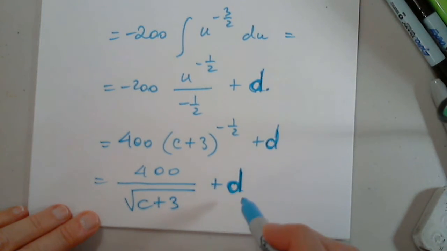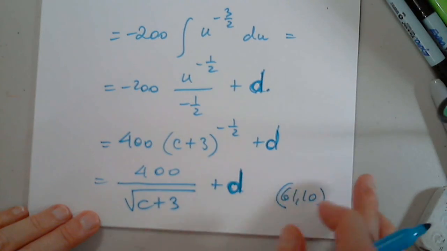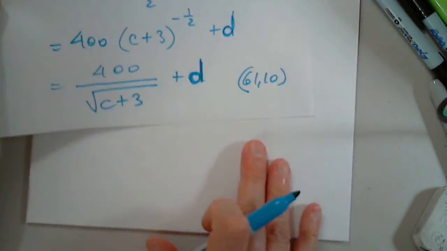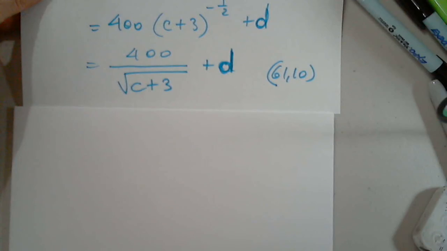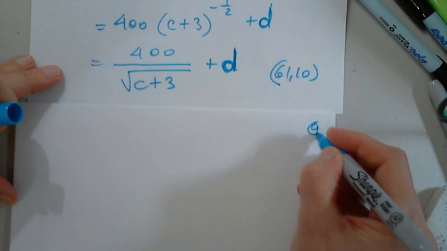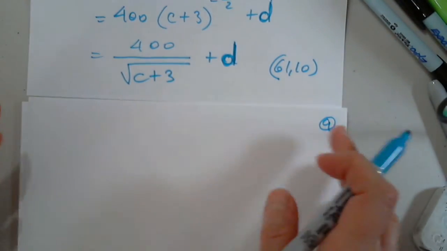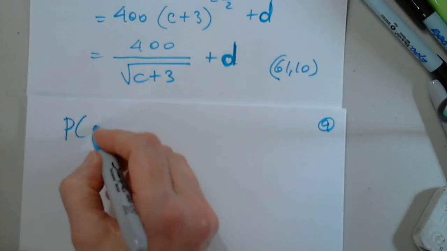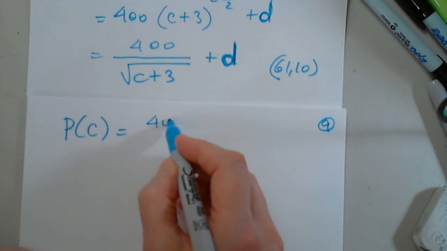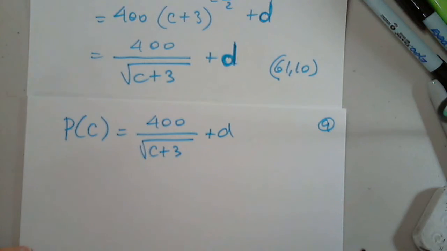So now we have to determine D because we are given the point 61, 10. But I want to write the function one more time before we continue. So this is P of C, which is 400 over the square root of C plus 3 plus D.